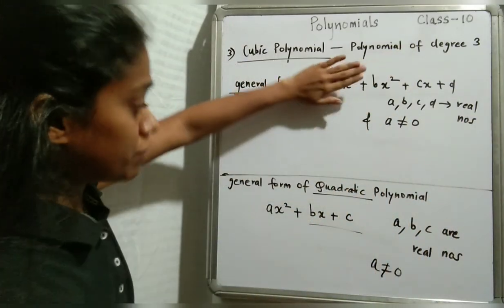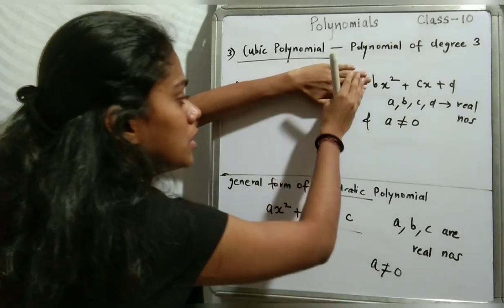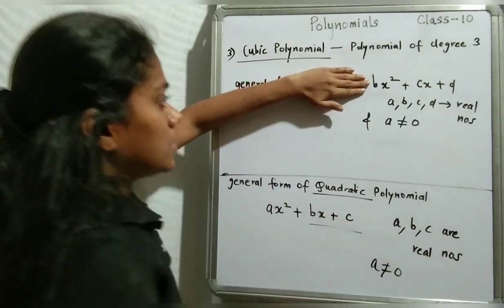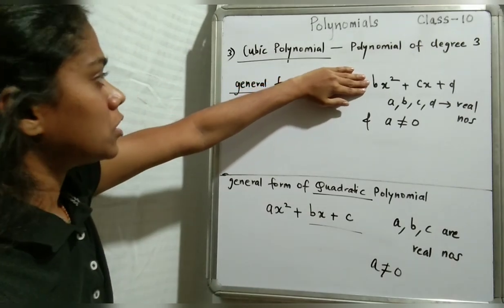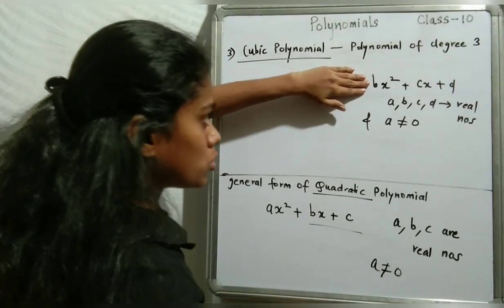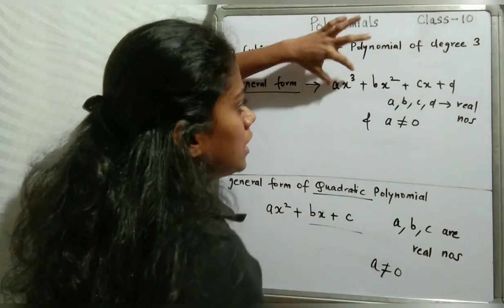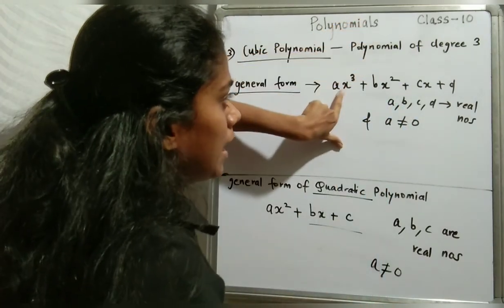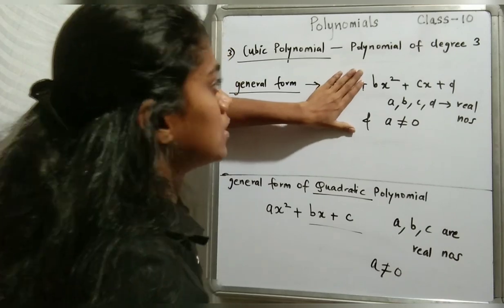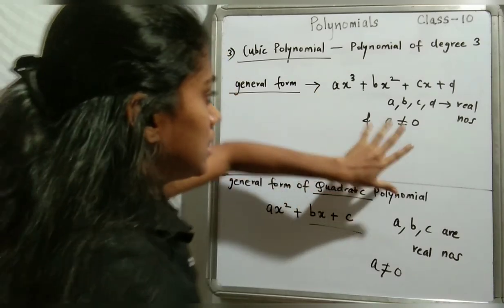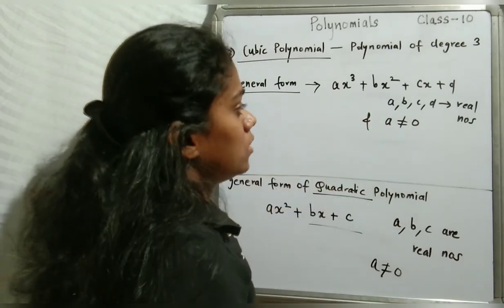If a is 0, this term will disappear and you will be left with these terms, and that won't be a cubic polynomial, right? Because to be a cubic polynomial, the highest power should be present. And if this is not present, I cannot call this a cubic polynomial. That is the reason why we are taking a not 0.